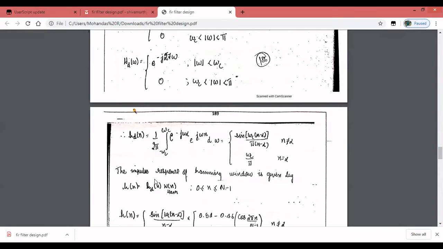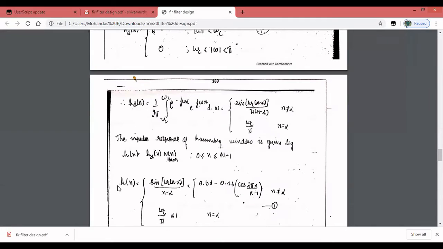In the impulse response formula, I substitute hd of n, which is sine of omega c into (n minus alpha) divided by pi into (n minus alpha), and it has to be multiplied with the Hamming window function.